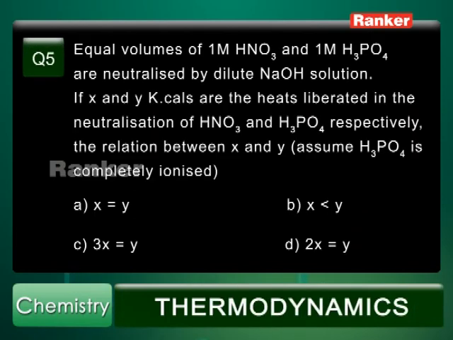Question number 5. Equal volumes of 1 molar HNO3 and 1 molar H3PO4 are neutralized by dilute NaOH solution. If X and Y kilocalories of heat are liberated in these reactions, what is the relation between X and Y? Assume H3PO4 is completely ionized.